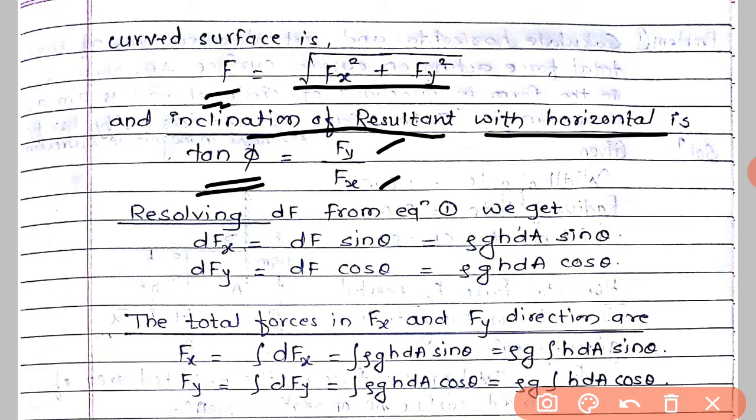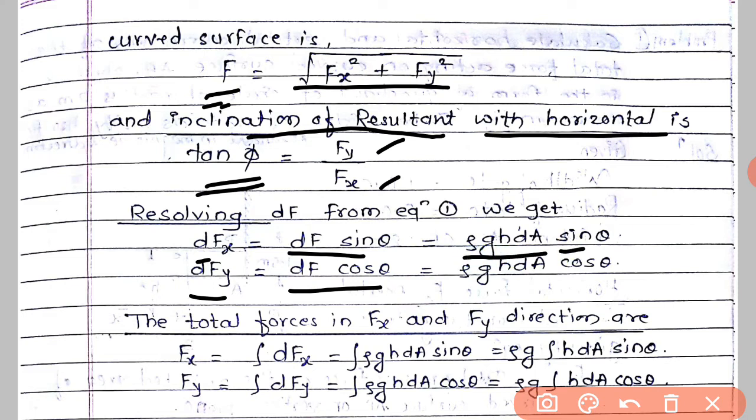So now resolve dF from equation 1. We will get dFx is equal to dF sin theta from geometry, and dFy is equal to dF cos theta. But the actual value of dF is known to us. What is dF? dF will be rho g h dA.